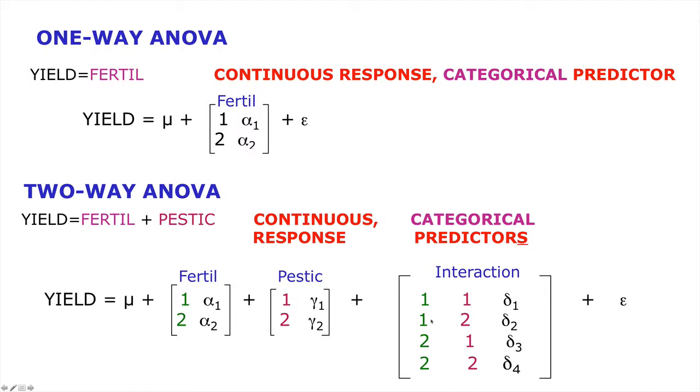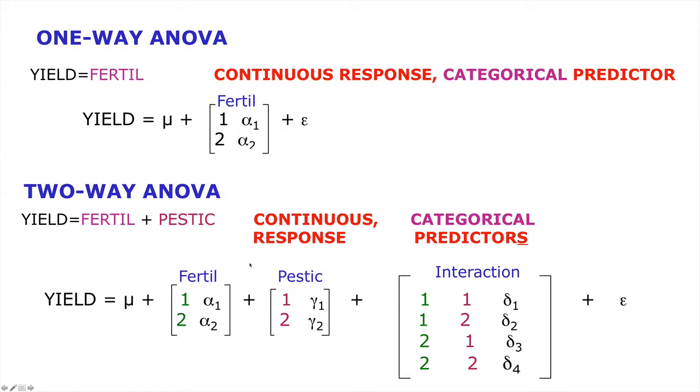And for this combination, 1 and 2, we should have another adjustment delta 2, and so on and so forth. The null hypothesis in these cases is that all of these adjustments are the same, i.e. that there is no real interaction going on in terms of the effect of these predictors on that response.